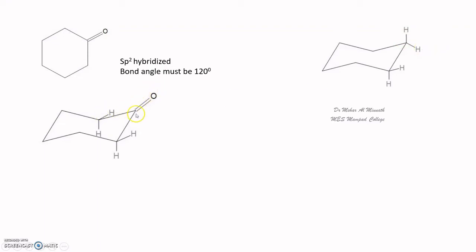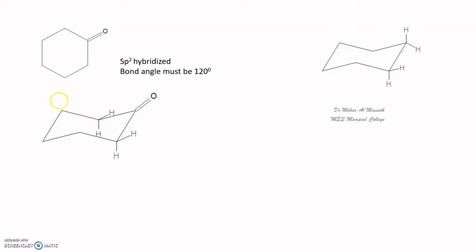Now when we come to cyclohexanones, the carbonyl oxygen is neither axial nor equatorial. It is placed in between the axial and equatorial orientation.